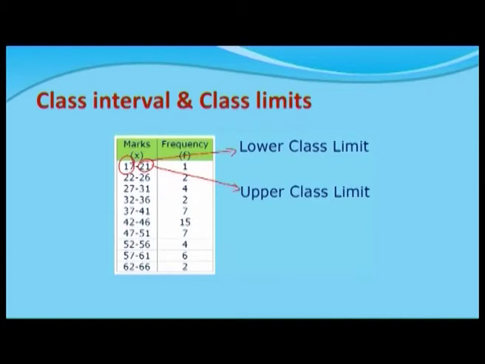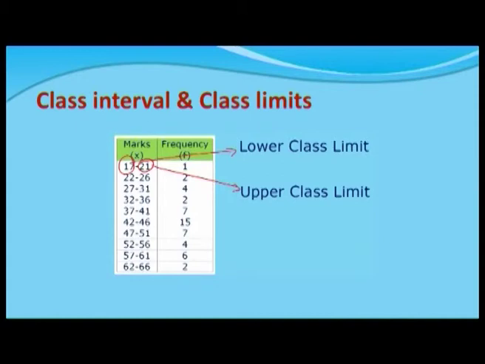Now, we can see a more meaningful distribution of data showing how many students have scored marks in a certain range. It is clear from the table that the maximum number of students, 15 in this case, have scored marks in the range 42 to 46.